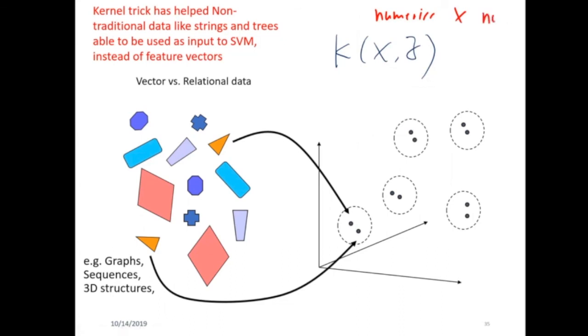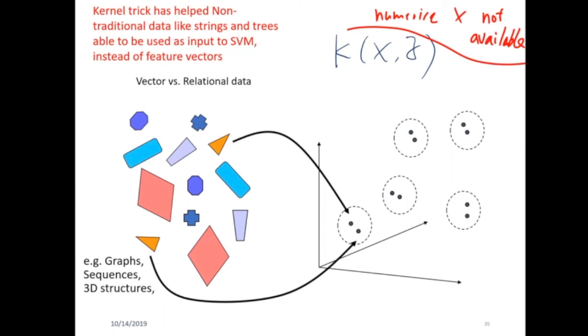It's pretty difficult to represent, maybe like a graph, sequences, or all those symbolic types of data. You don't have a numerical representation. It's very difficult to come up with a numerical representation, but it's extremely simple to come up with a similarity measure among graphs, among strings, among those symbolic structures.